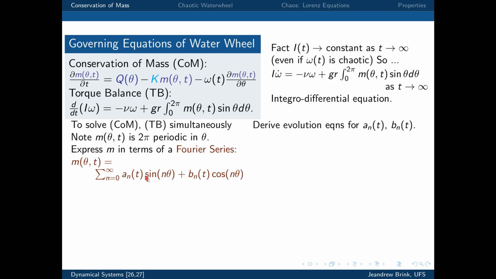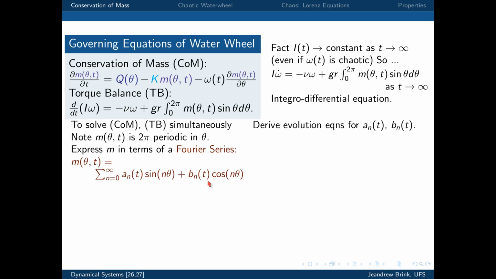Okay? And then I'm going to make this ansatz, which I can always do, and there are theorems that show it's convergent and all those nice things. I'm going to make this assumption for m of theta and t, and then I'm going to go about and derive equations for the amplitudes a n of t and b n of t. So for these two things.